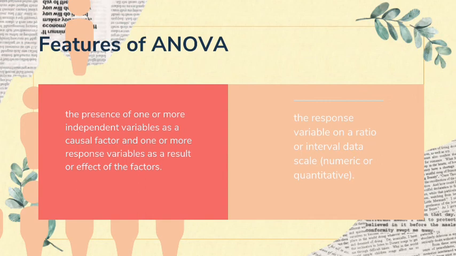Another characteristic is the response variable on a ratio or interval data scale, or numeric or quantitative. ANOVA is one of various types of parametric test because it requires a normal distribution on the dependent variable per treatment or a normal distribution on the residuals.